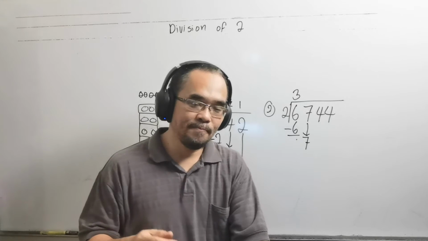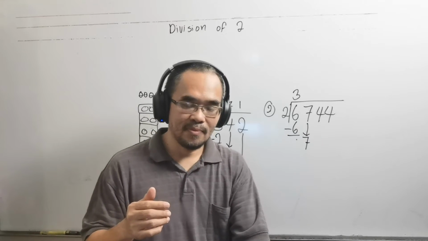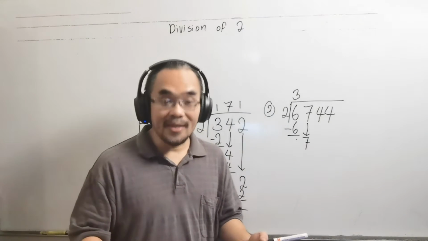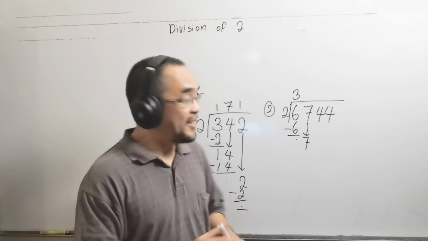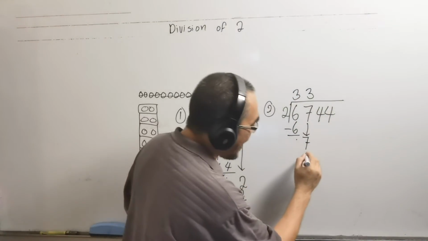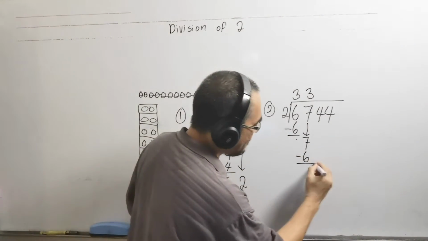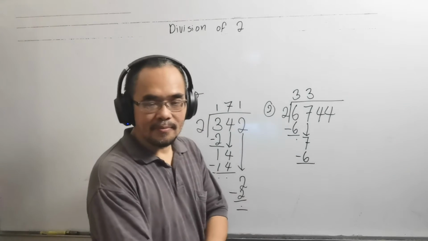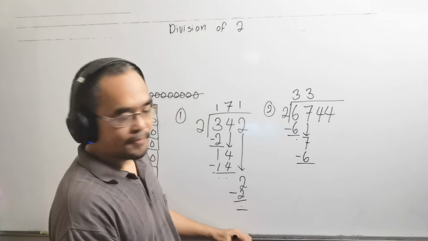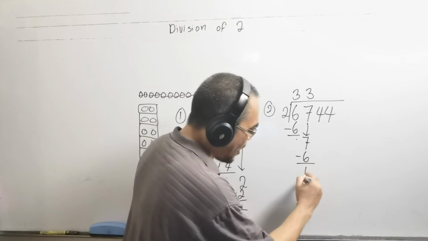Yes, that is correct. 3 is the correct one, because you have to get a number less than 7. Then you minus, you get 1.